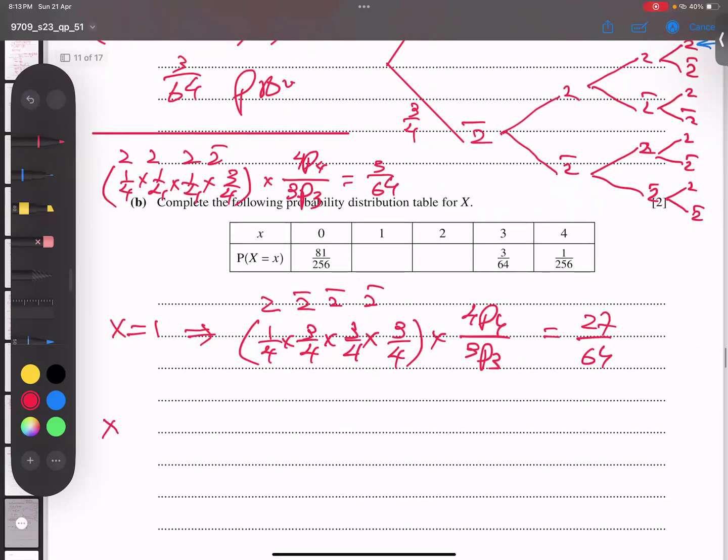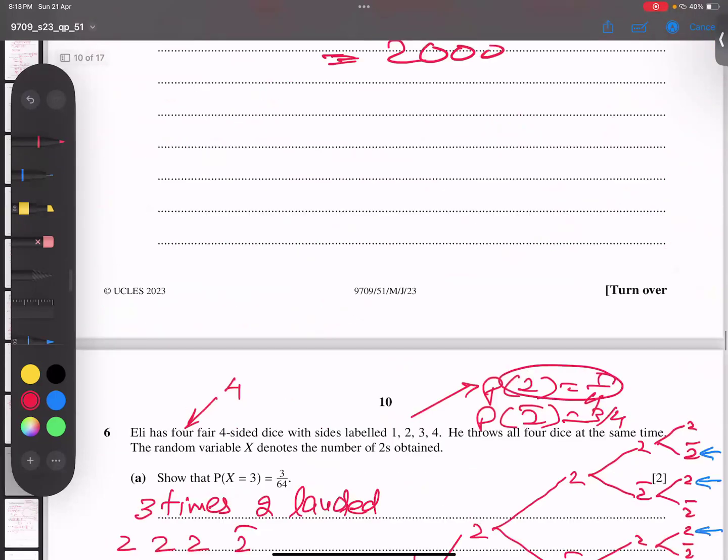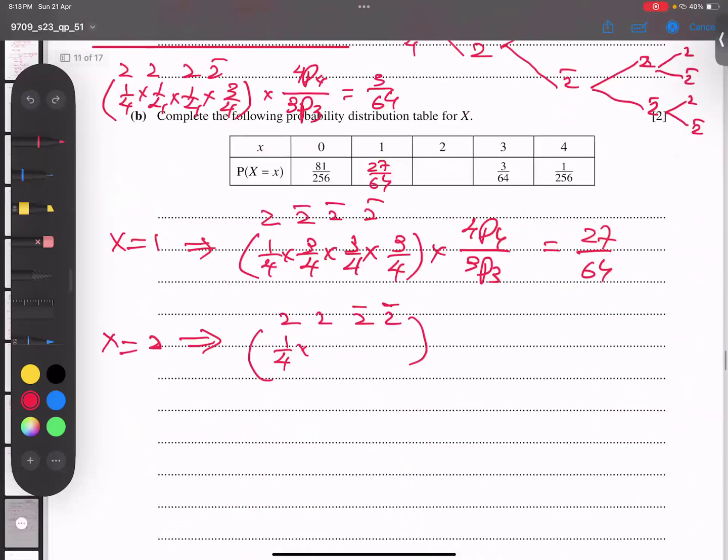Now I'm filling in x equals 1: 27 over 64. And x equals 2, what does it mean, students? It means two 2s are there, and two not-2s are also there. Recall the probability of 2 is 1 out of 4, and the probability of not-2 is 3 by 4. So 1 out of 4 into 1 out of 4 into 3 out of 4 into 3 out of 4.